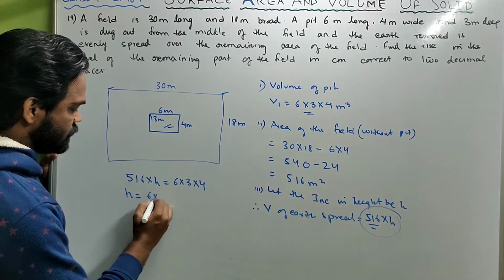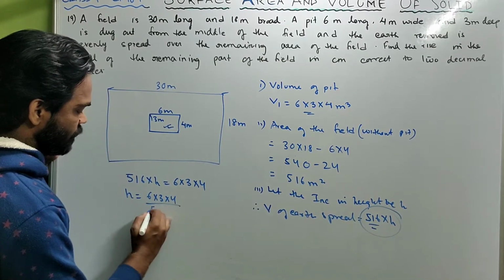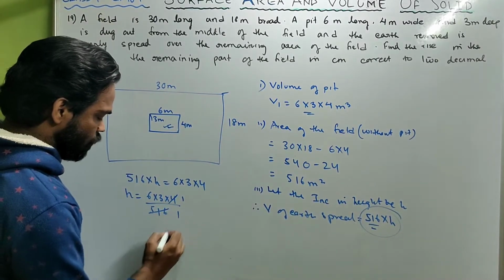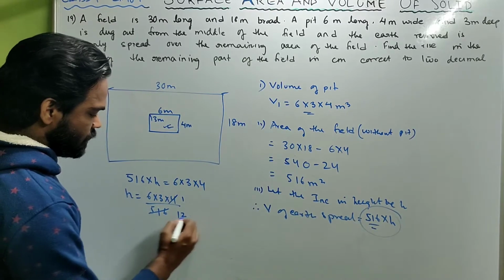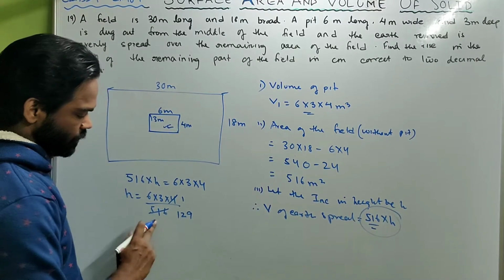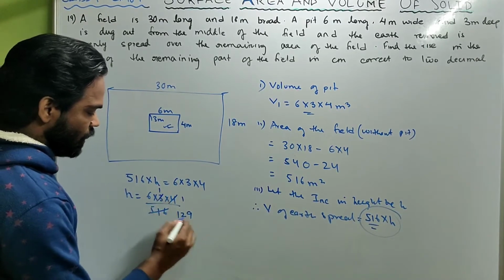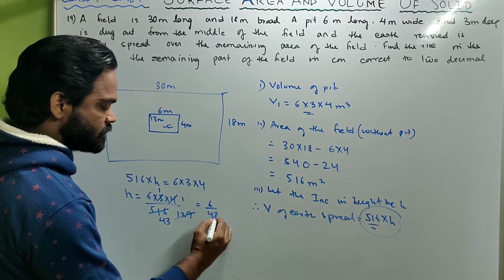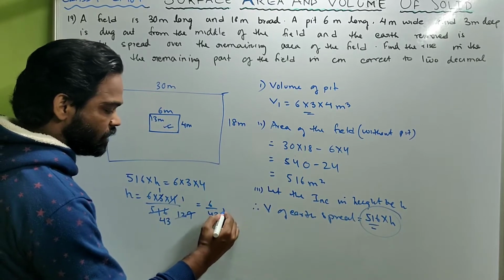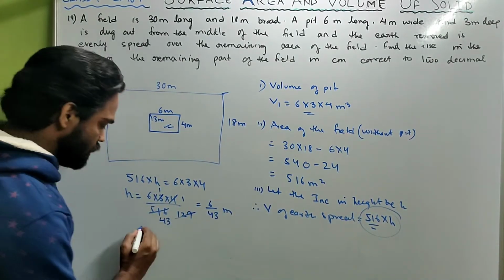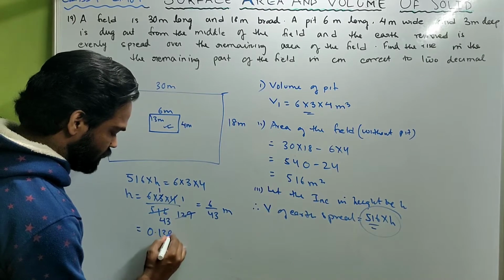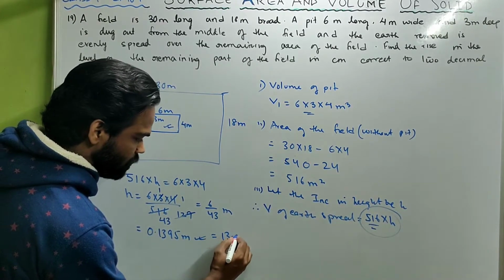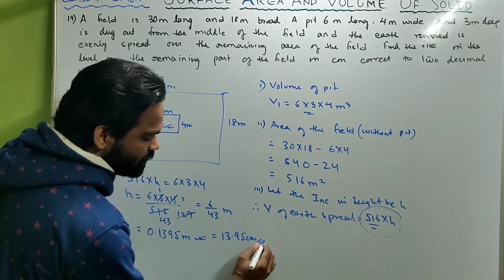So height is 6 into 3 into 4 by 516. 4 ones are 4, 4 ones are 4, 4 twos are 8, 4 nines are 36. Am I correct? Yeah. 3 ones are 3, 3 fours are 12, 3 fours are 12. So that's 6 by 43 meter, which is, if you calculate, 0.1395 meter, which you can say 13.95 centimeter.